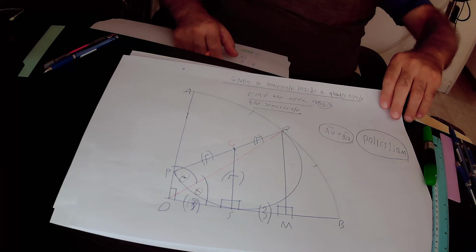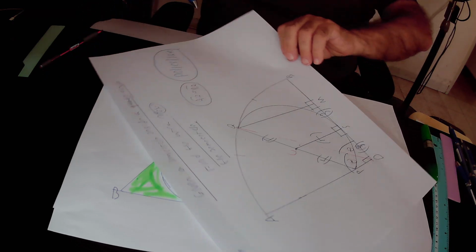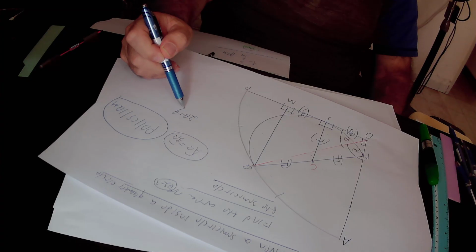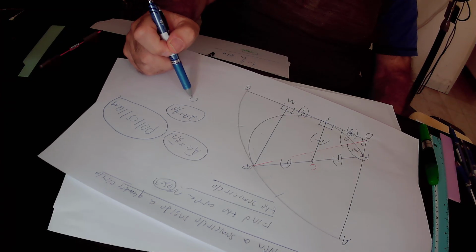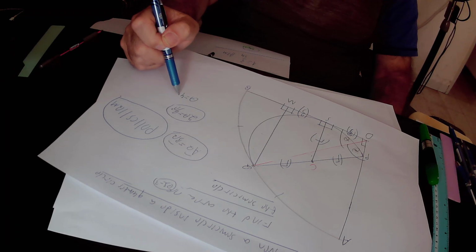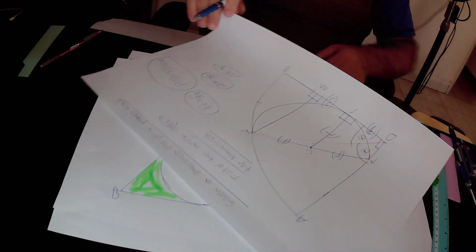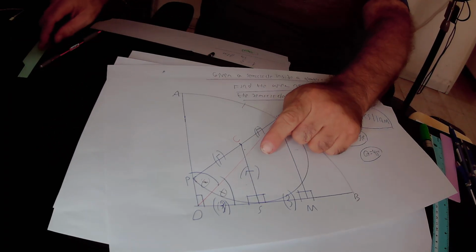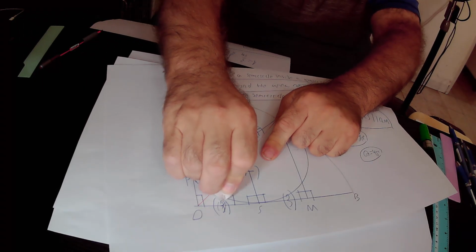Theta plus theta is 2 theta, so 2 theta equals 90 degrees, and therefore angle theta equals 45 degrees in size. This is angle theta, and it equals 45 degrees.